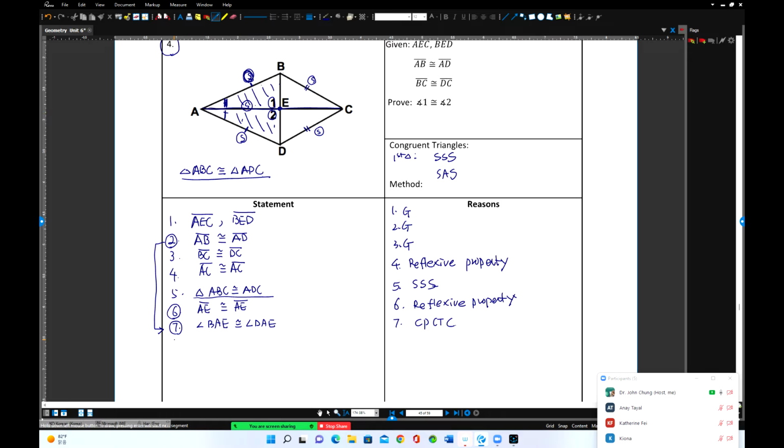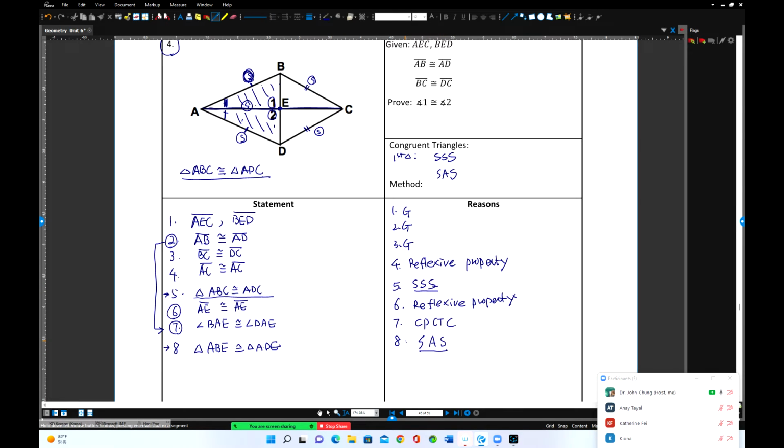So using this, we can say triangle ABE is congruent to triangle ADE. You can see that number 5 is congruent to number 8, a different triangle pair. This we call double congruence. The reason here is side, angle, side.